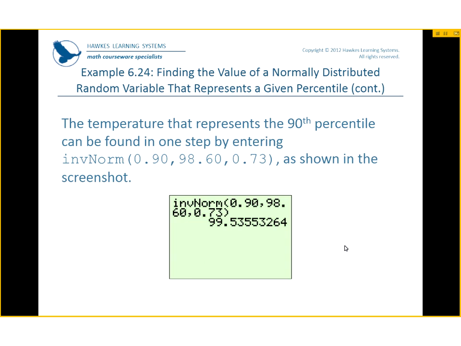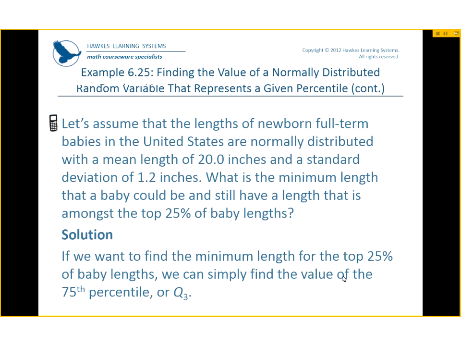Because we're okay with it being to the left, we do not have to do 1 minus the area. So we're going to do second var 3, 0.90, comma, the mean, 98.6, comma, and the standard deviation of 0.73. Close those parentheses, and you get 99.53.